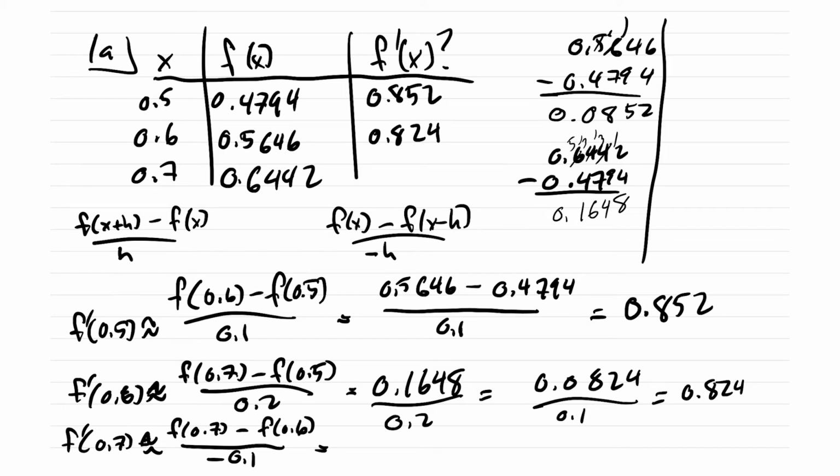So if we take a look at this, we have f of 0.7 is going to be 0.642, and minusing 0.5646 divided by minus 0.1.